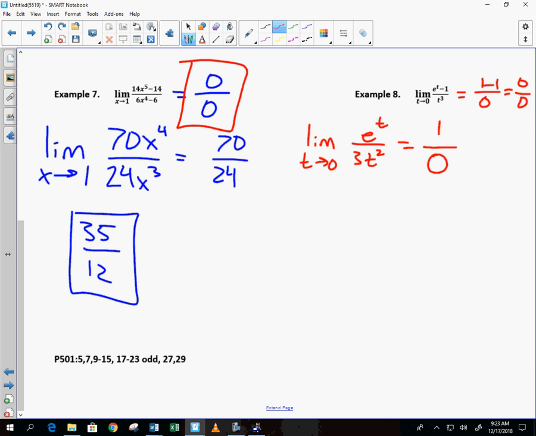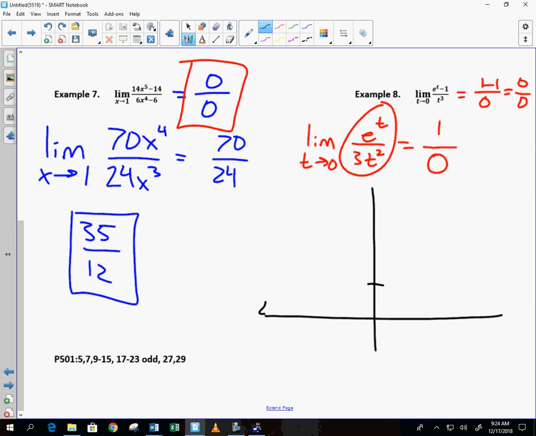Fortunately, I know exactly what these graphs look like, don't I? What does e to the t look like? It is an exponential function that passes through the value of 1. What does 3t squared look like?